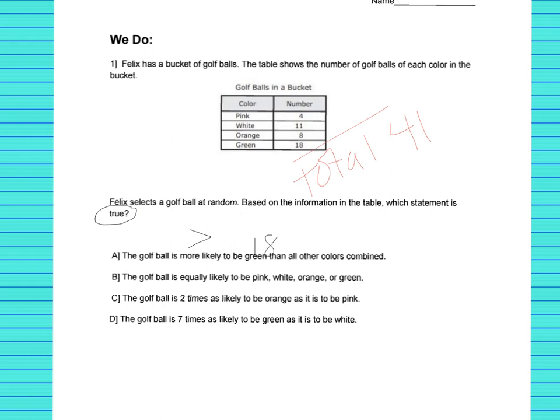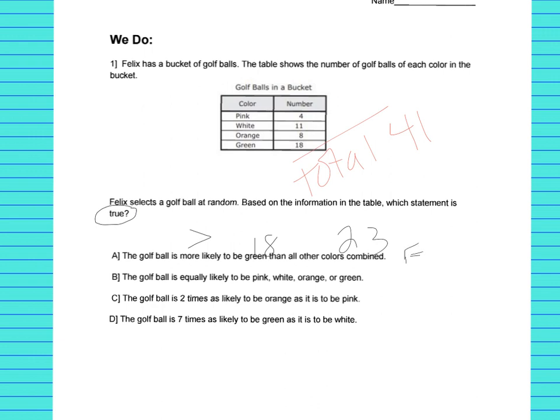Then all the others combined. So that means we need to add 11, 4, and 8. Go ahead and do that now. That should be 23. Now, if you read this as a number sentence, is 18 more likely than 23? No, it is false. There's our false.